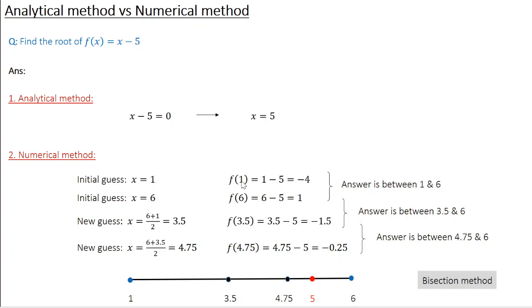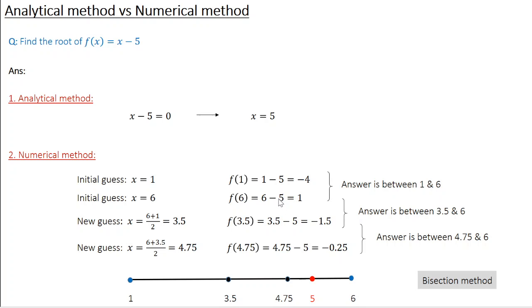Now if you compare f of 1 and f of 3.5, in the case of f of 1, your answer is minus 4, which is far away from 0. On the other hand, in the case of f of 3.5, this is minus 1.5, which is closer to 0. In other words, your approximation or your guess is becoming better, right? So 3.5 is a much better guess compared to 1.